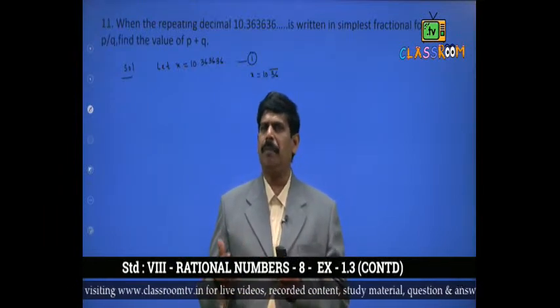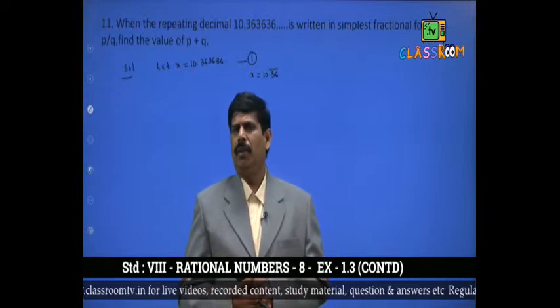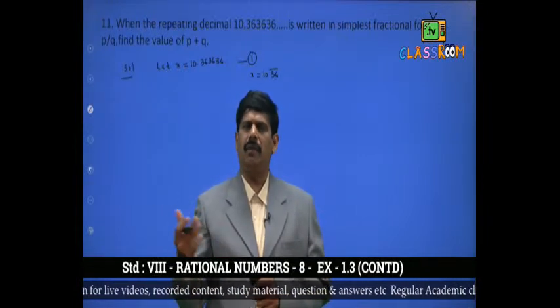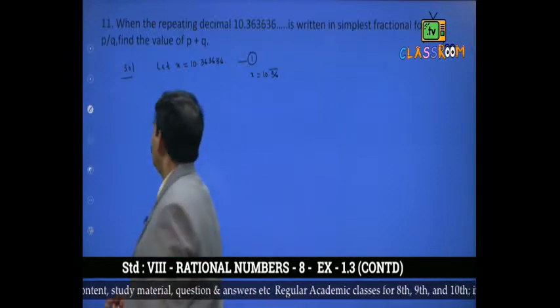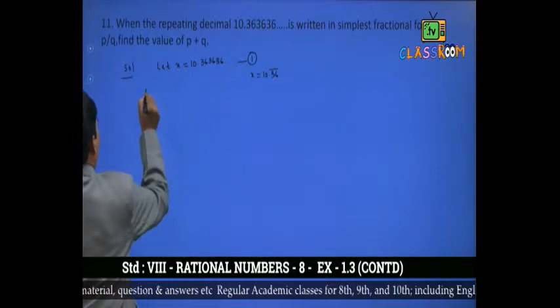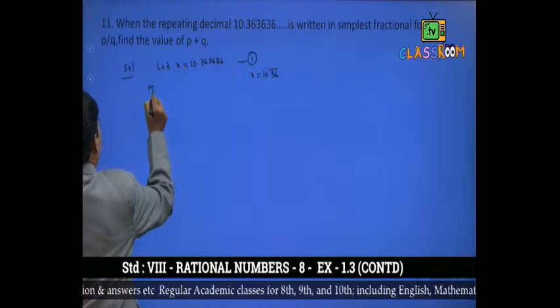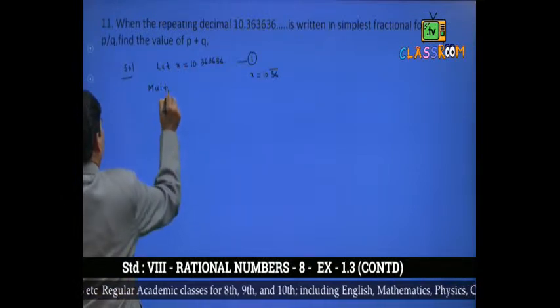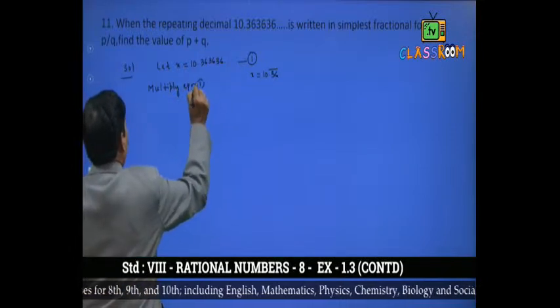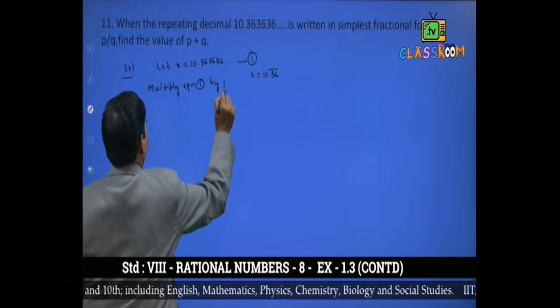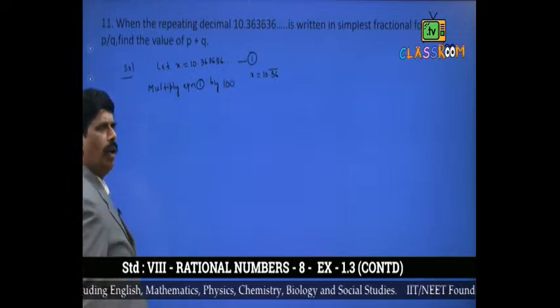So then you multiply the given with the number of zeros after 1. What is the periodicity? 2. So 2 zeros after 1 is 100. So now multiply equation 1 by 100. So what you will get here?